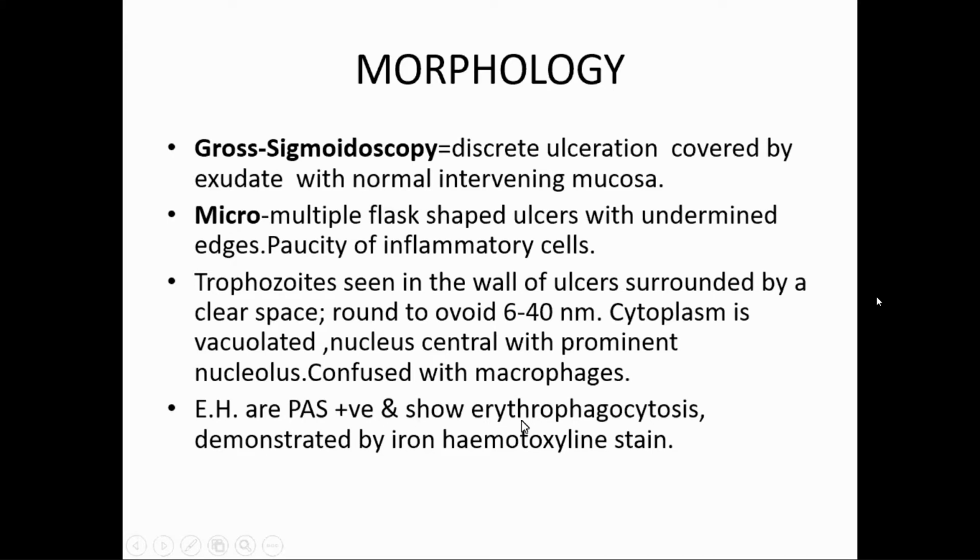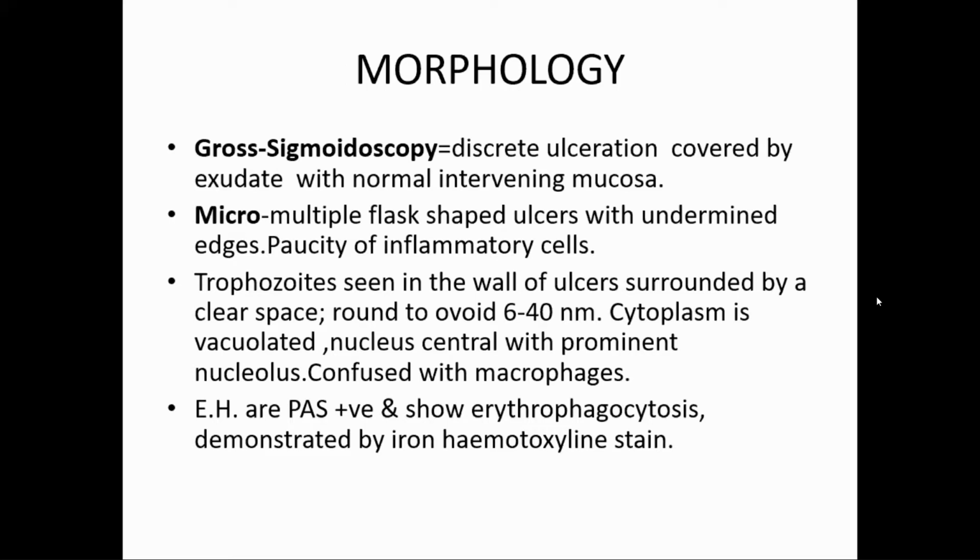Here, as I told you, in typhoid ulcer, there was erythrophagocytosis, meaning there the macrophages were doing the erythrophagocytosis. In amoebic ulcer, these are the trophozoites of Entamoeba histolytica, which have engulfed erythrocytes, red cells. So this is the morphology, gross picture and microscopic picture.